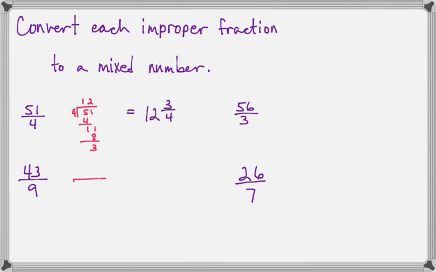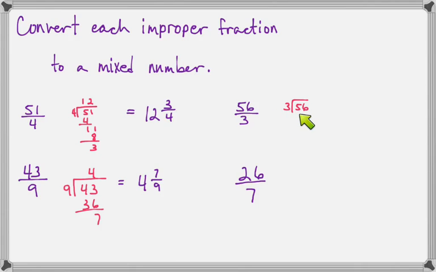So let's say 9 will go into 43 4 times with 7 left over. So this becomes 4, see, whole number, and 7/9. Okay, for this one we've got 56 thirds.